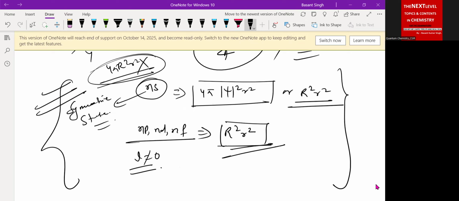For np, nd or nf or any other state where l is not equal to 0, 4 pi r square is not a true radial distribution function, and r square is the radial distribution function. So thank you.